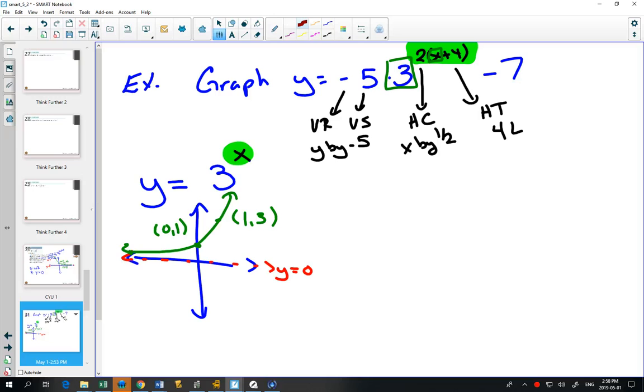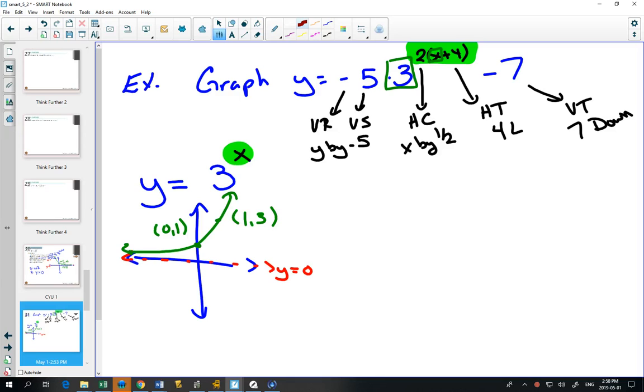You see the 2, but you multiply by half. You see the plus 4, but you go 4 to the left. And finally, the minus 7, that's outside of the function again, and everything outside is exactly how you would think. So the 5, you multiply by 5. The minus 7, we go down by 7.